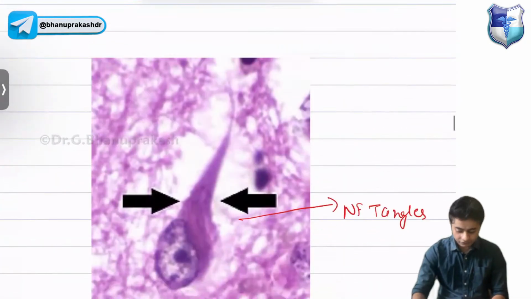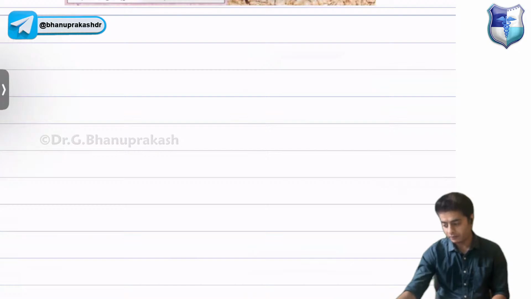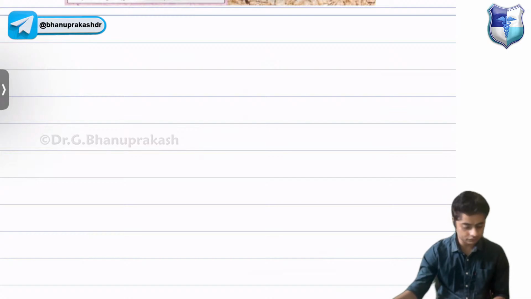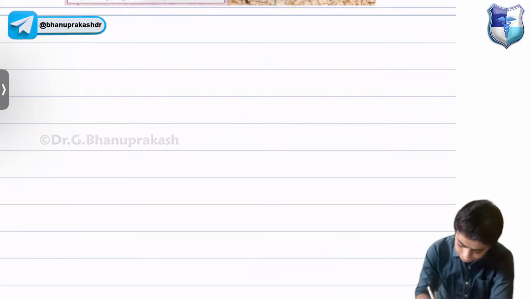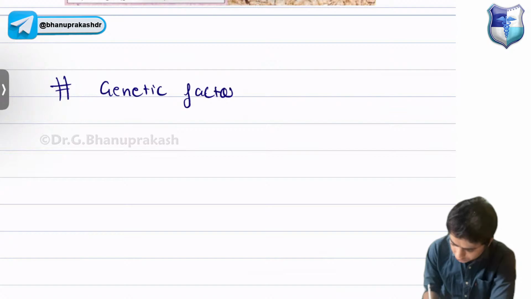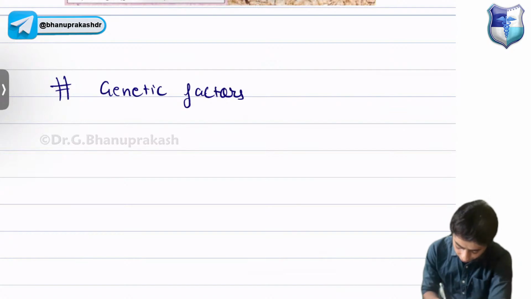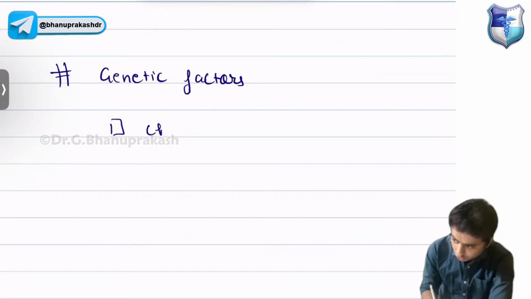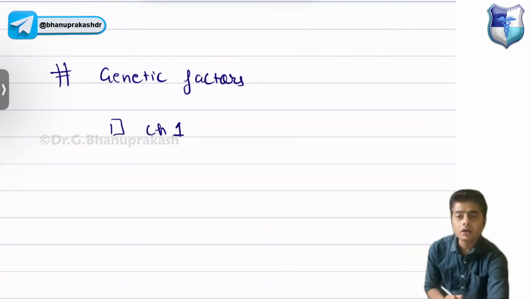Okay. Now we will move forward. We have covered the pathology part. Now we'll come to genetic factors. The first gene is on chromosome 1.